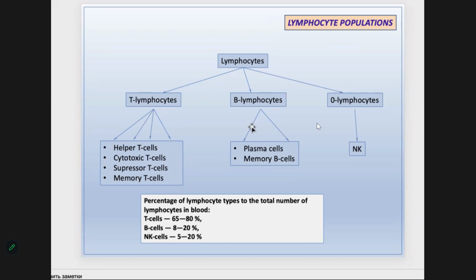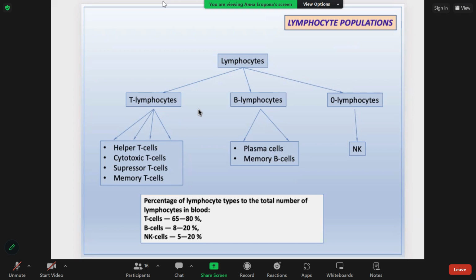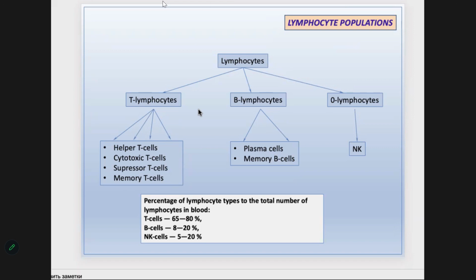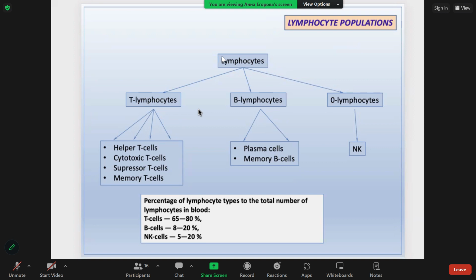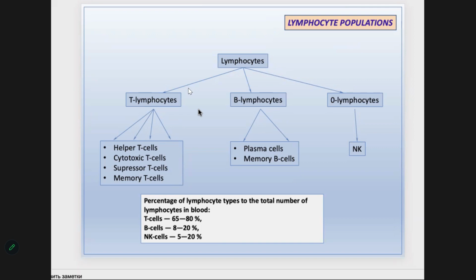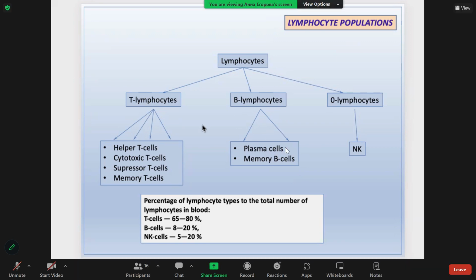Plasma cells are the cells which produce the antibodies, or immunoglobulins, that react with alien substances named antigens, and kill these antigens. So plasma cells are a sort of B lymphocytes.